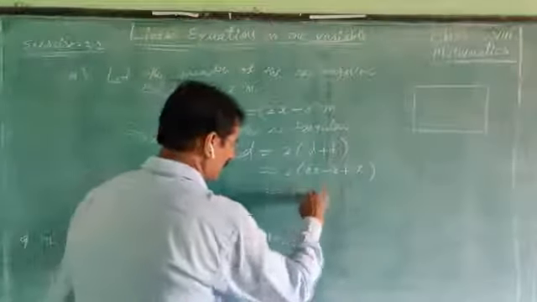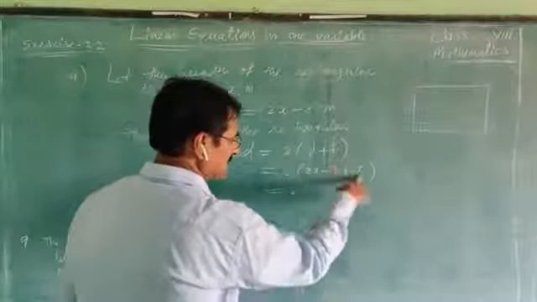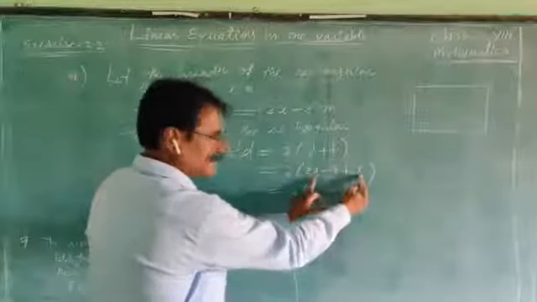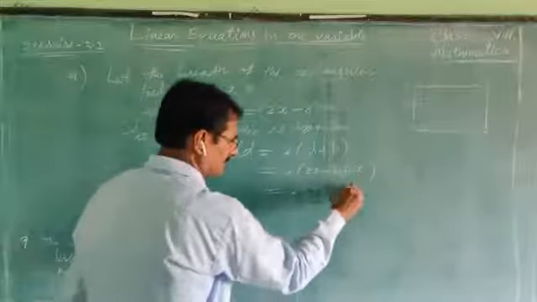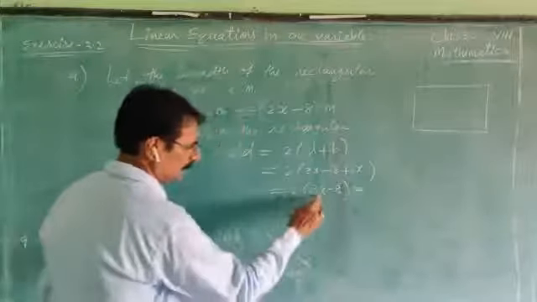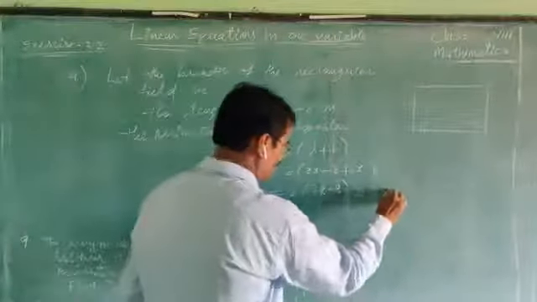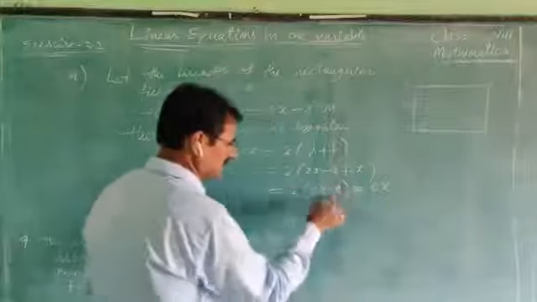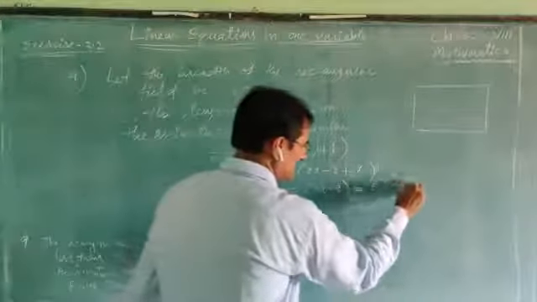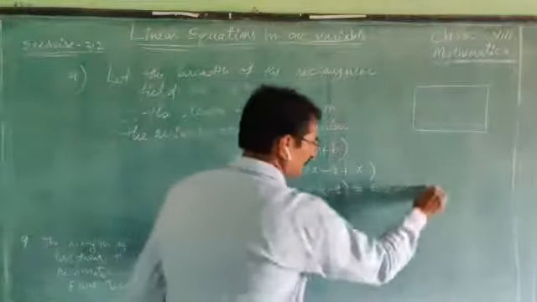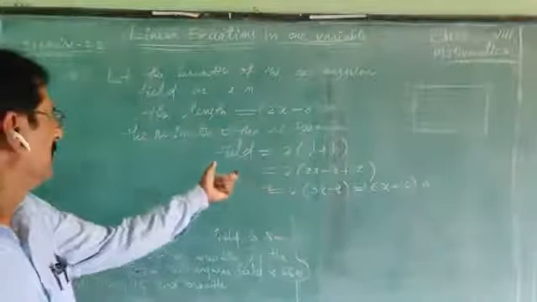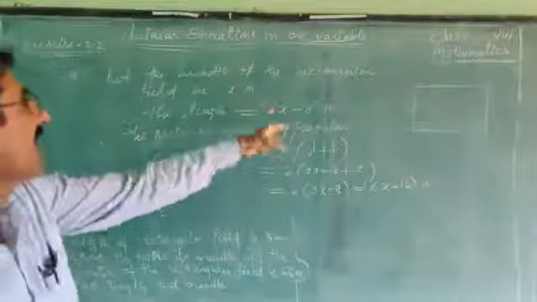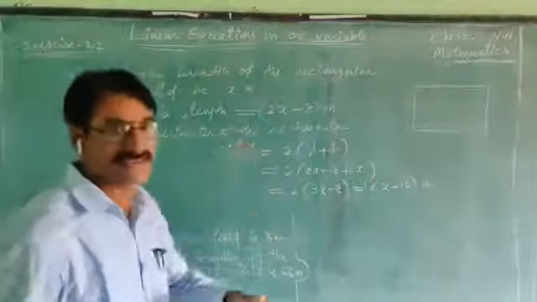Simplify it. 2 into 2x plus x. These both are positive, sum of them 3x, and minus 8. Now 2 into 3, 6x. 2 into minus 8, minus 16 meters. It is the perimeter of the rectangular field as per our measurement.